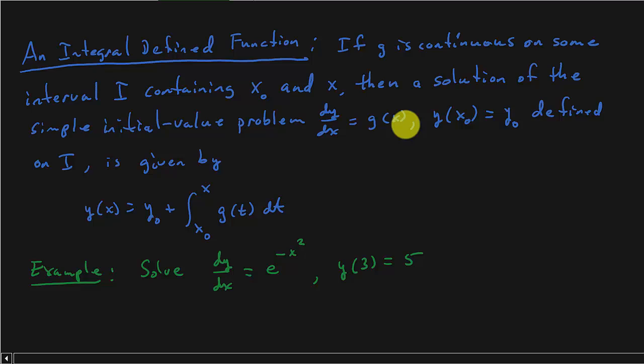All right, what about an integral defined function? If g is continuous on some interval I containing x0 and x, then a solution of the simple initial value problem dy/dx equal g of x and y of x0 is equal to y0 defined on I is given by y of x is equal to y0 plus the integral from x0 to x of g of t dt.